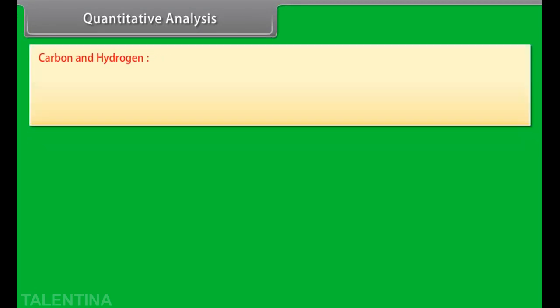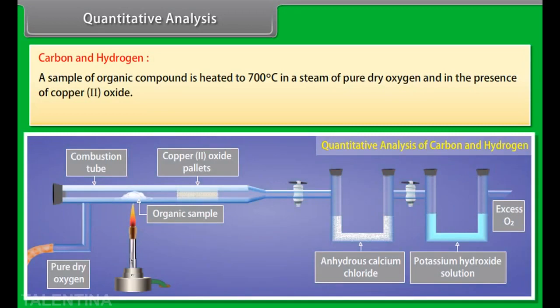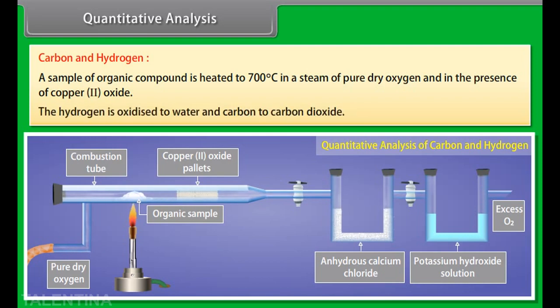Quantitative analysis: carbon and hydrogen. A sample of organic compound is heated to 700 degrees Celsius in a stream of pure dry oxygen and in the presence of copper(II) oxide. The hydrogen is oxidized to water and carbon to carbon dioxide.